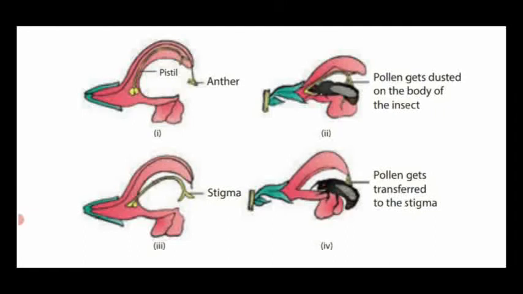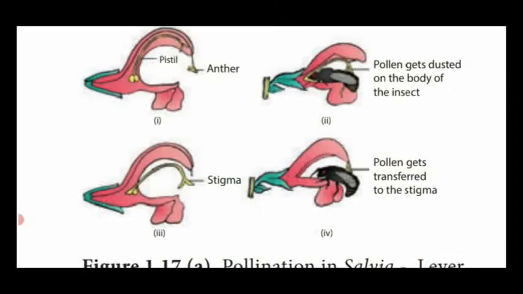Dear students, see the diagram. There is the bilabiate salvia flower. The anther is protandrous, that is, it matures earlier than the stigma. They have a long pistil, that is gynoecium, inside the upper corolla lip.